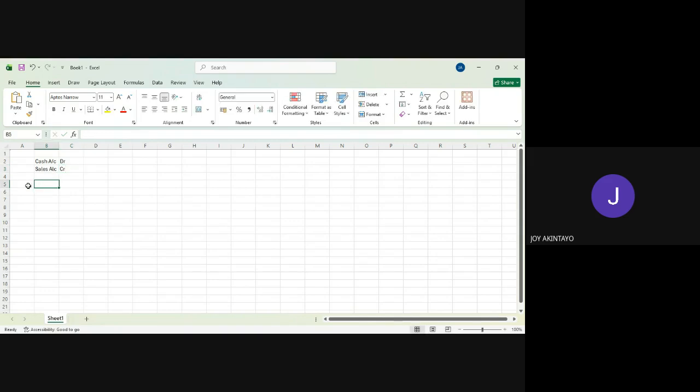So actually, this is how our ledger should be. We have dates, we have particulars, we have folios, then we have amounts. So we repeat the same thing here.